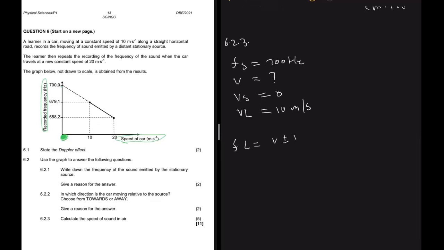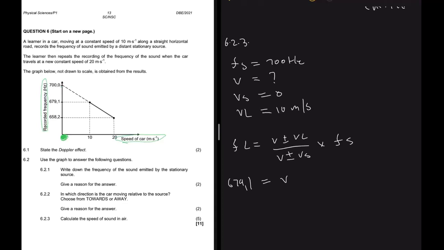We have FL equals V plus or minus VL divided by V plus or minus VS, multiplied by the frequency of source, right? The frequency observed by the listener when the speed of the car is 10 meters per second is 679.1, which equals this V is what we are interested in, the speed of sound in air.